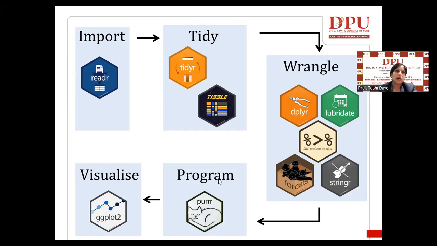So tidyr allows you to see the spread. You can use various functions to see how much data is getting spread among the data set. If you want to separate the values, you can separate them. If you want to unite the values, you can unite them. Next is stringr.